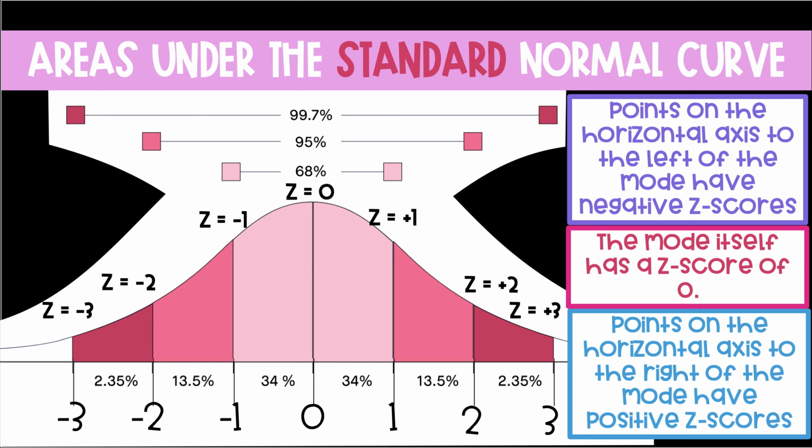When we're saying we're computing areas under the curve, think of what area falls between -1 and 1 z-scores. That is 68% of the population. What area under the curve falls between -2 and -1 z-score? That is 13.5%.